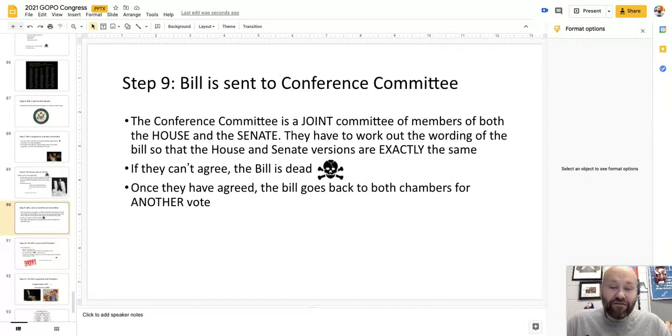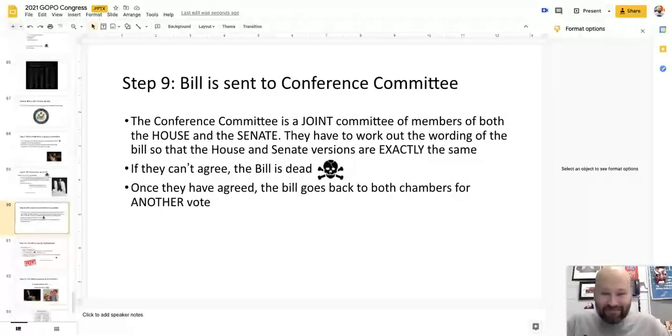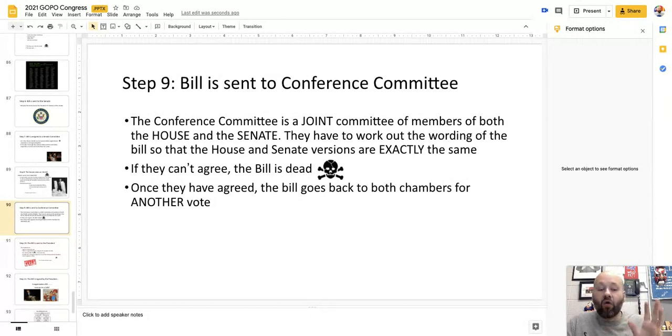Once conference committee agrees, then it has to go back to the whole floor again. The bill that both houses agree on comes out and goes to the president. Now, if the president is the same party as the party that's pushing the bill, congratulations, you are a law.